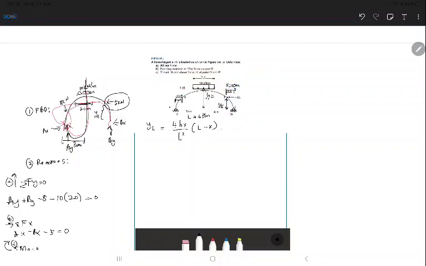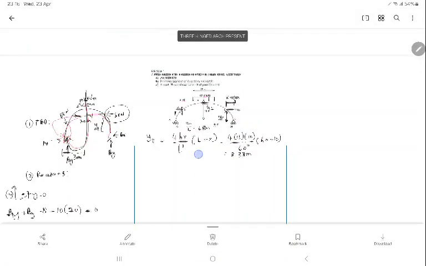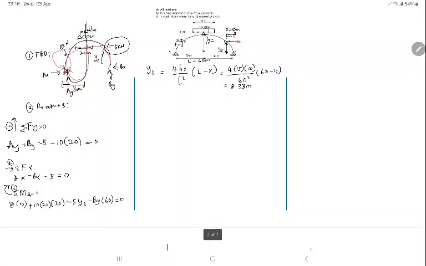Okay, insert into the equation. You got ye is equal to 8.33 meter. So you can insert into this equation.